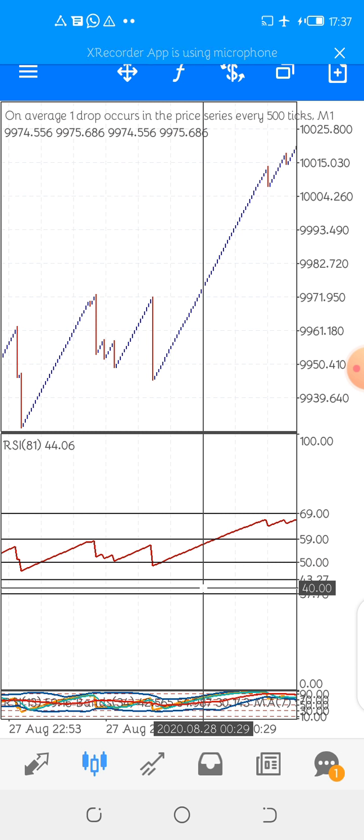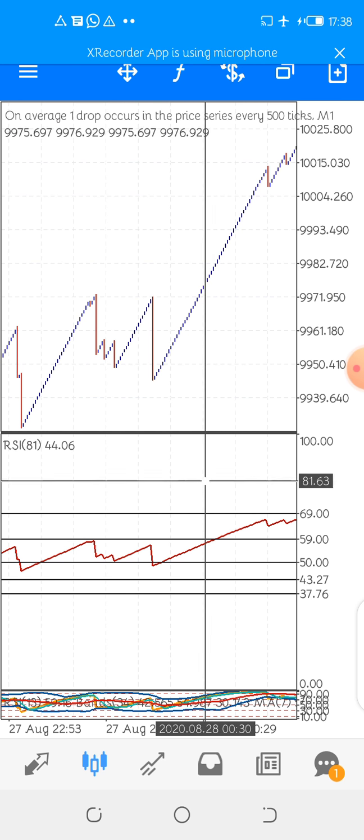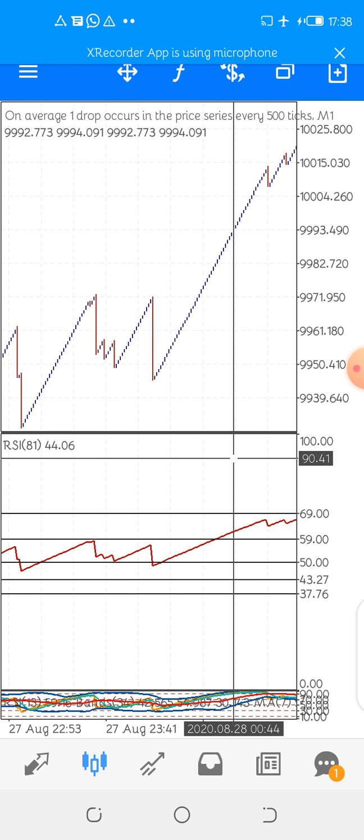So it's just simple and plain, no complicated indicator, just RSI 81, and make sure you input these points: level 37, level 43.27, 50, 59, 69. That's all you need for this kind of strategy. So you can add a TDI and you're good to go.